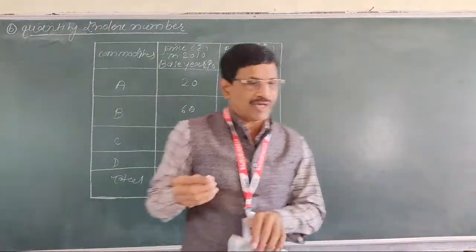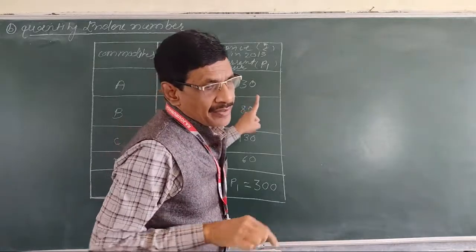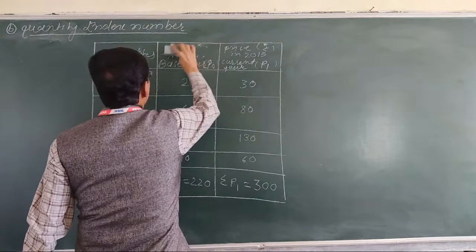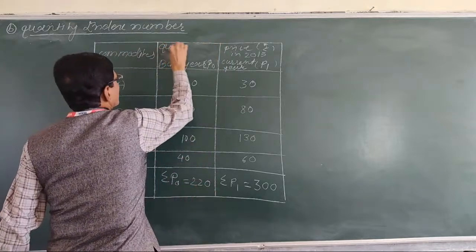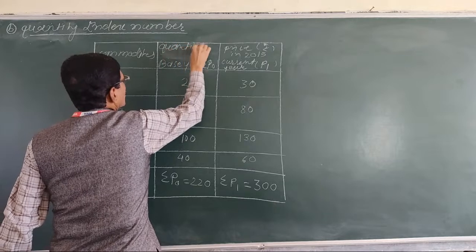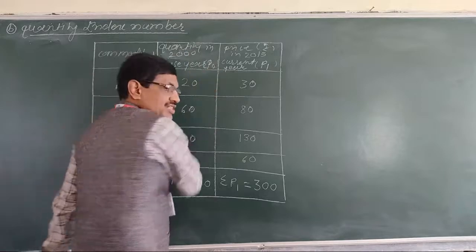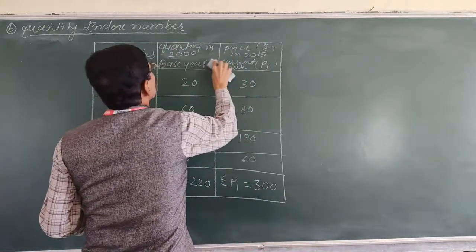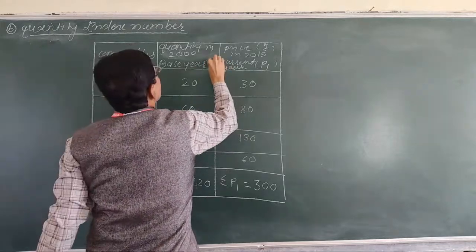Look at the example: commodities A, B, C, D. The quantity in 2000, the base year, is Q0, because this is the quantity index number.